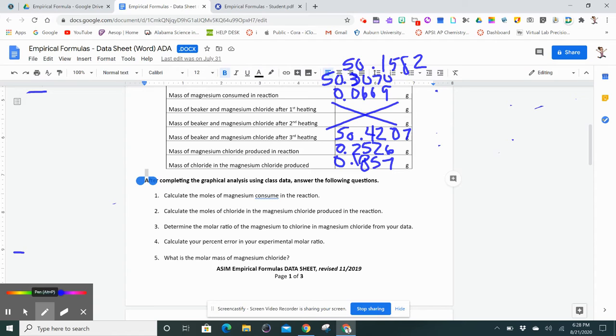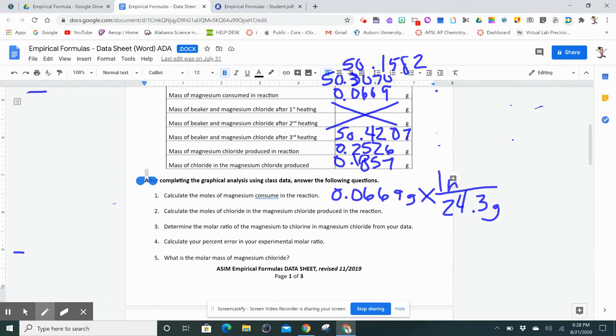So the magnesium consumed was 0.0669, and we're going to divide that by the atomic mass of magnesium, which is 24.3 grams in 1 mole. So when we do that and divide those numbers out, we get 0.00275 moles.